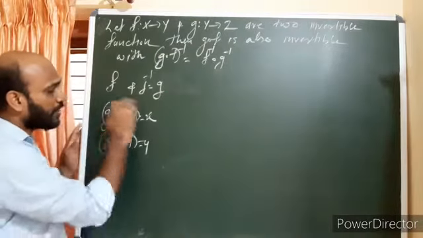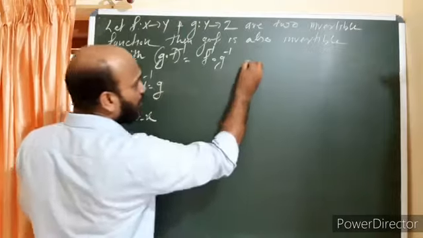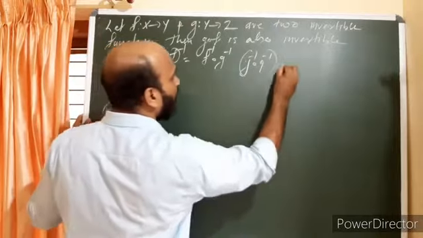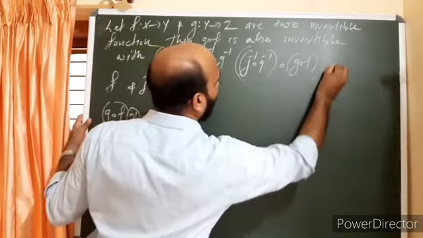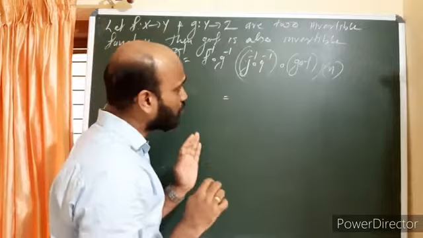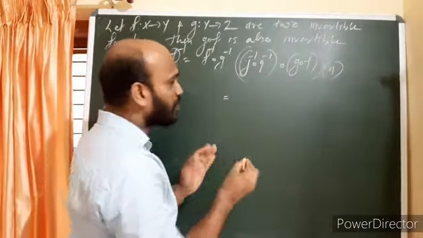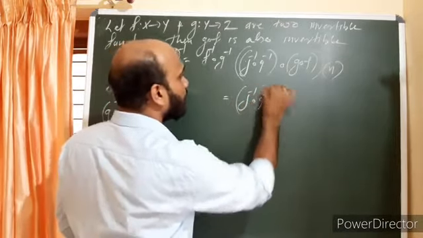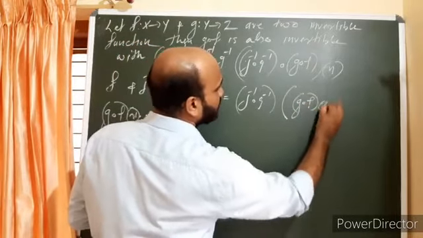So first we have to show that g of f of x equal to x, which means here I have to show that f inverse of g inverse of g of f of x equal to x. So you have to use this definition of composition. This is like g of f of x. So by definition this is equal to f inverse of g inverse of g of f of x.